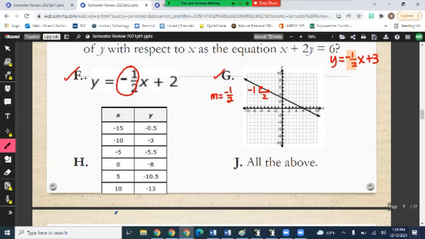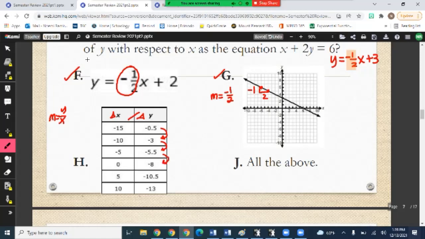Look at H. How do you find the slope from a table? Change in Y, change in X, slope. Rise over run, change in Y, change in X. How much does it decrease? How much does it increase?